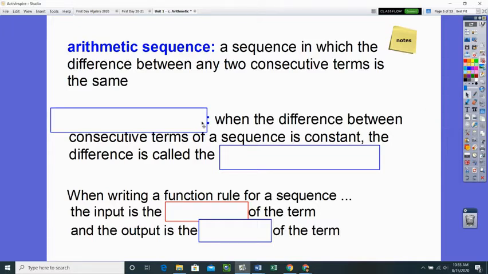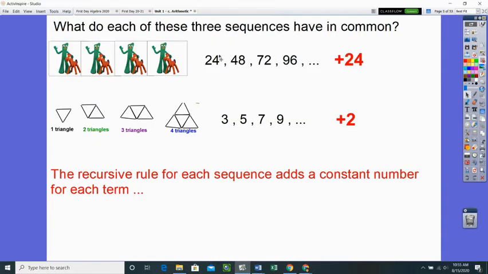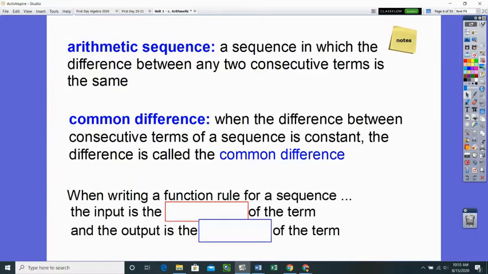Those 2 numbers are called the common difference. So when the difference between consecutive terms of a sequence is constant, the difference is called the common difference. So back here, this sequence would be an arithmetic sequence because you are always, in this case, adding the same number, and the +24 would be called the common difference.